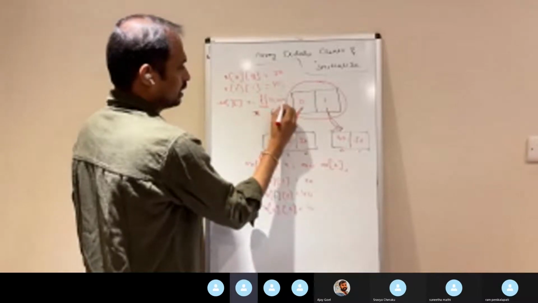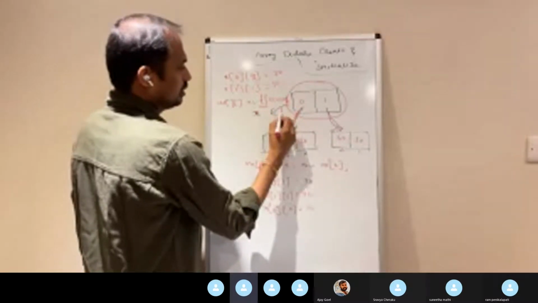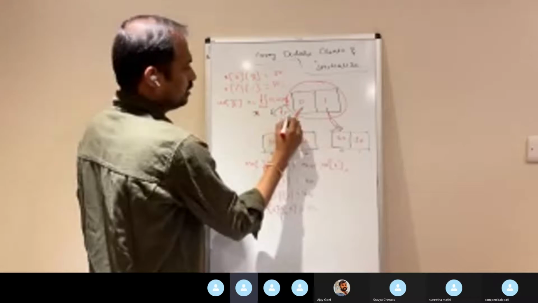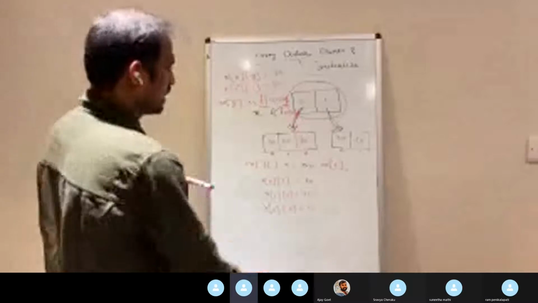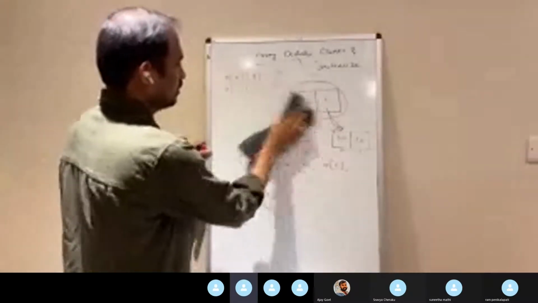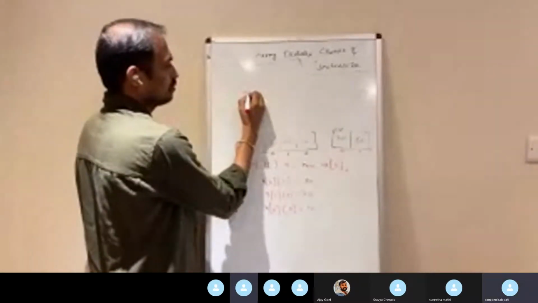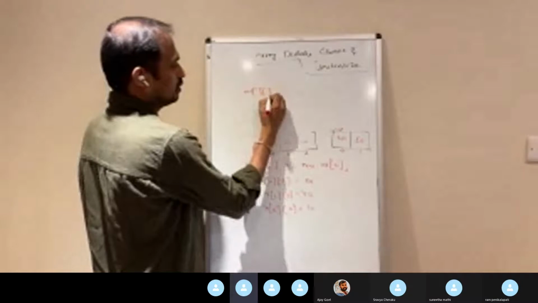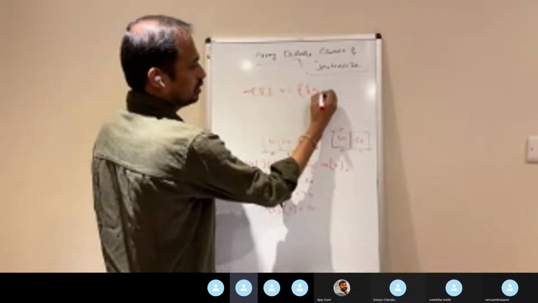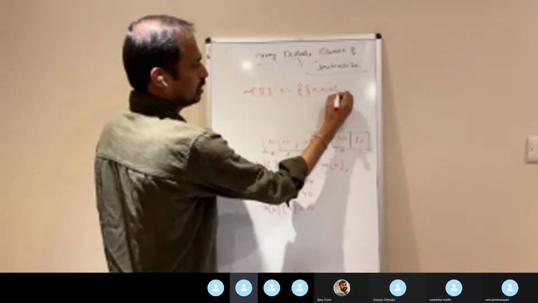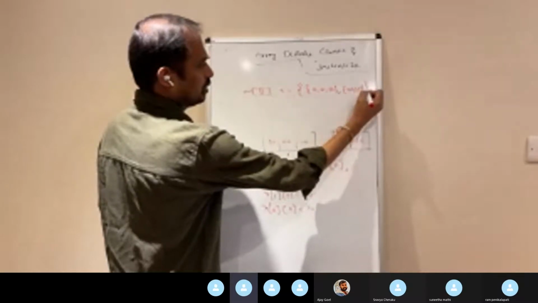10, 20, 30, comma, because it's a two-dimensional array, then the values 40, 50. So two closing brackets.